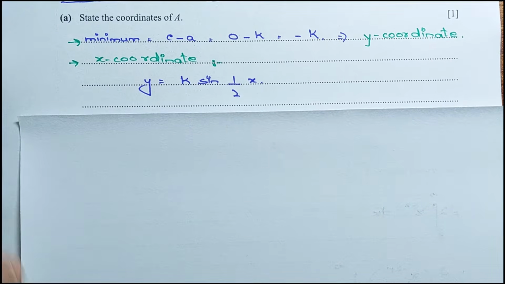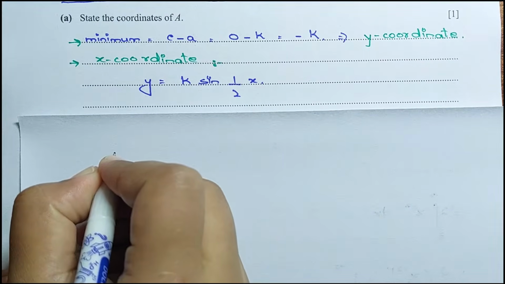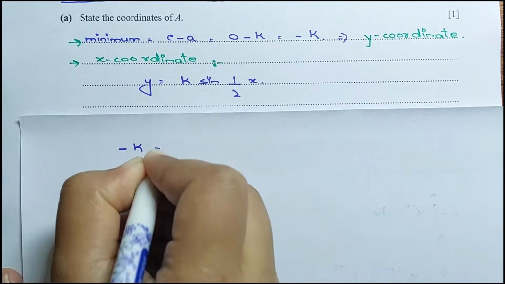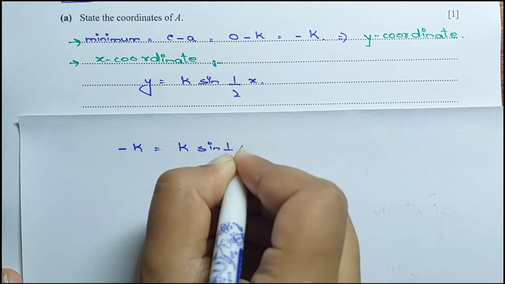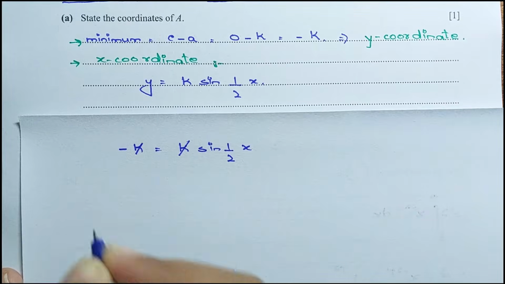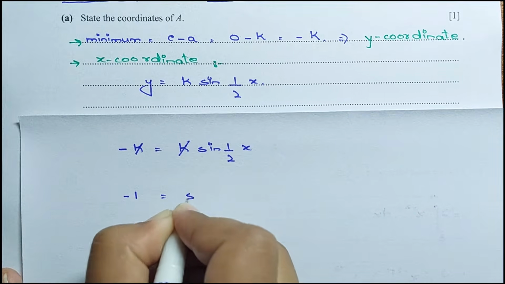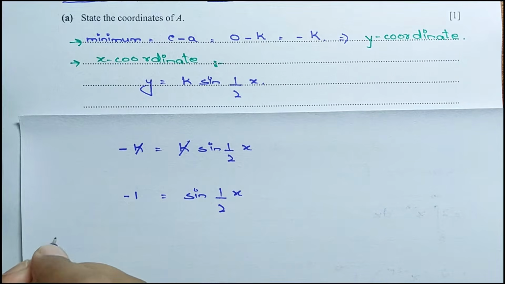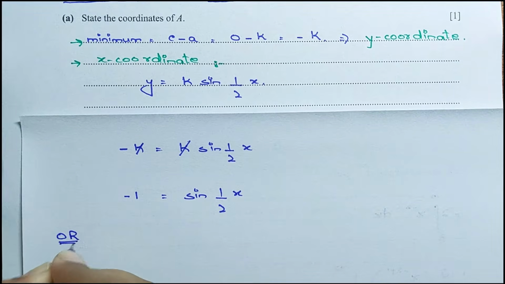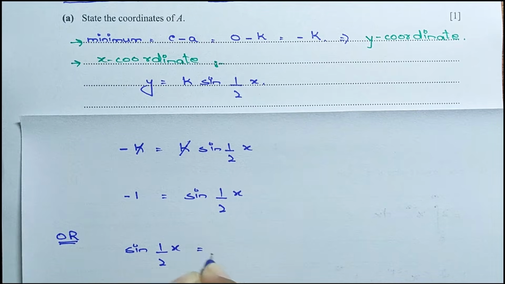So y is negative k, so negative k equals k sine half x. The k and k cancel, so minus 1 equals sine half x, or we can say sine half x equals negative 1.